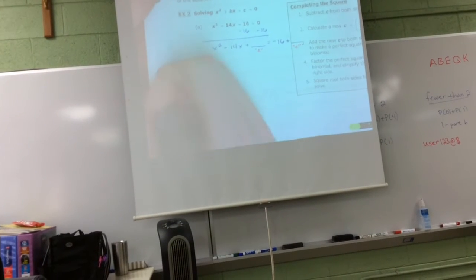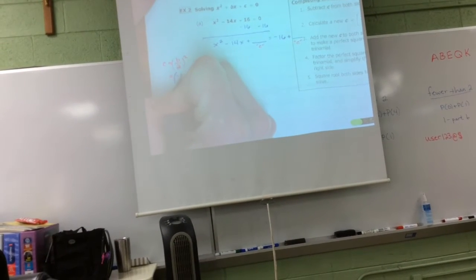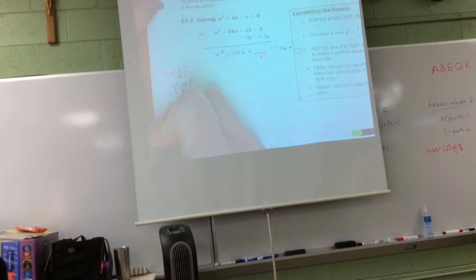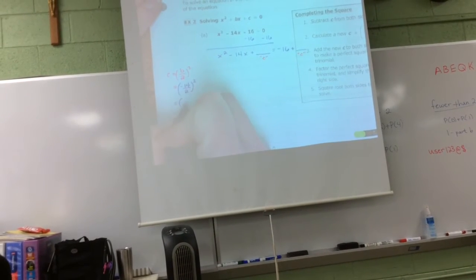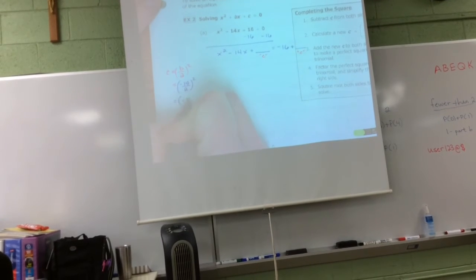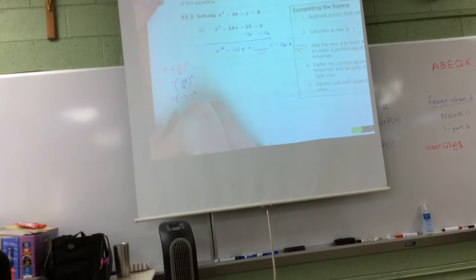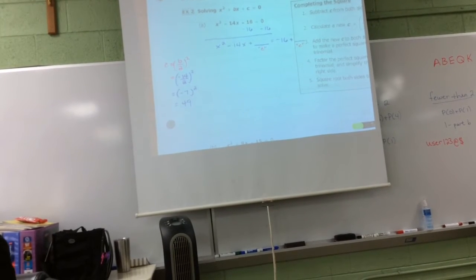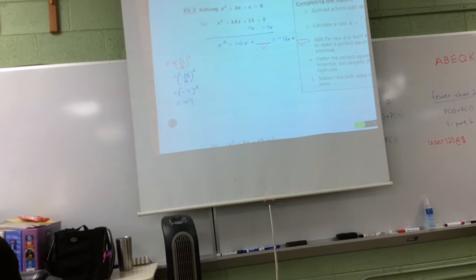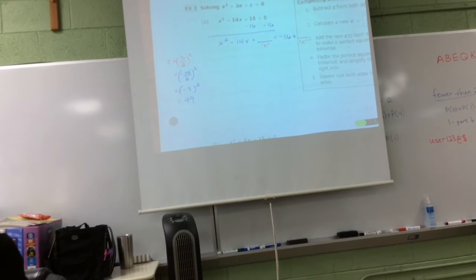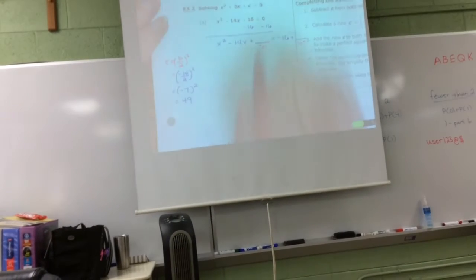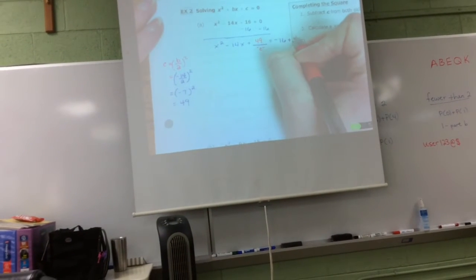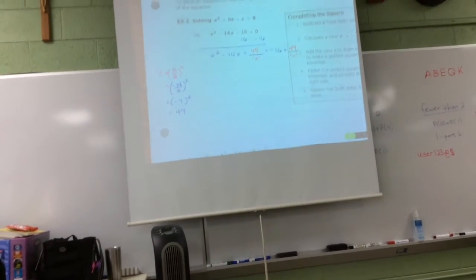So when I'm calculating it in this example, it's negative 14 divided by 2 squared, which gives me negative 14 divided by 2 is negative 7. Square that, gives me 49. Okay? That's my brand new C, and that's what you were doing in 7, 9, and 11 just now. So you're going to put it right here, plus 49, and you're going to put it over here, plus 49.